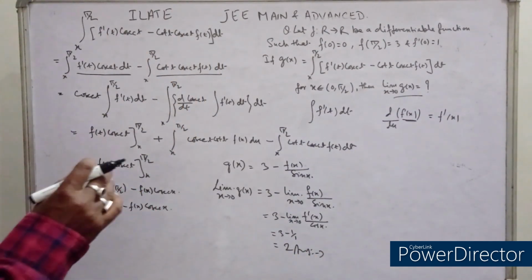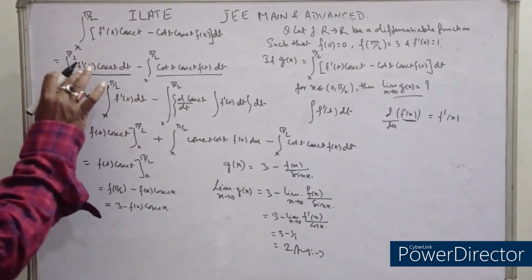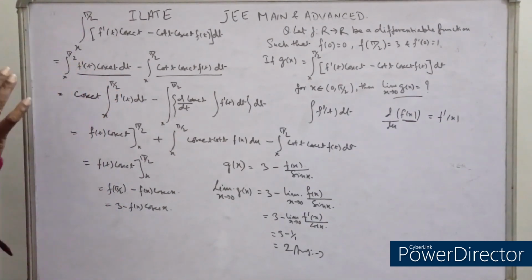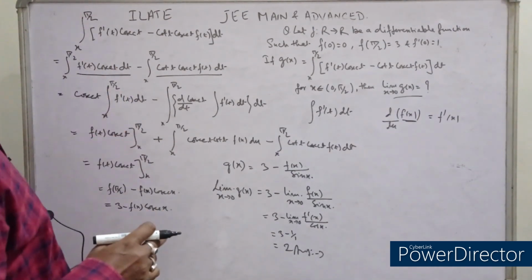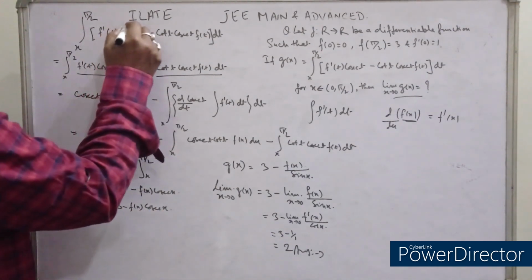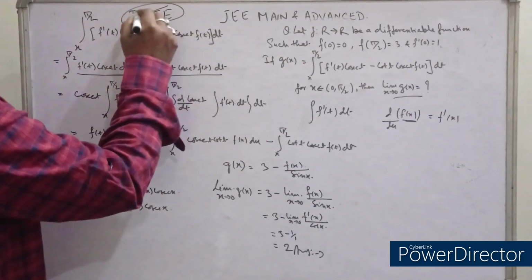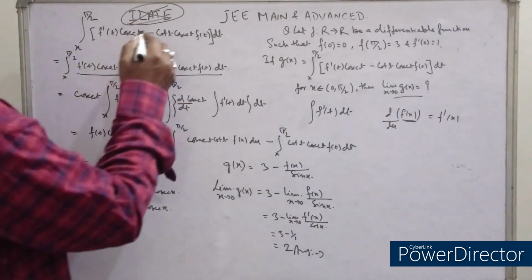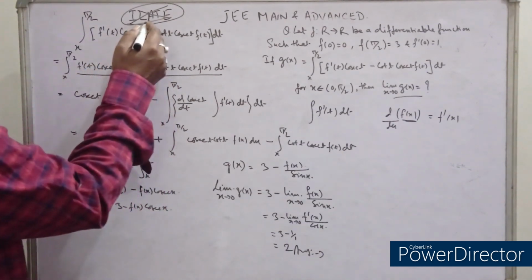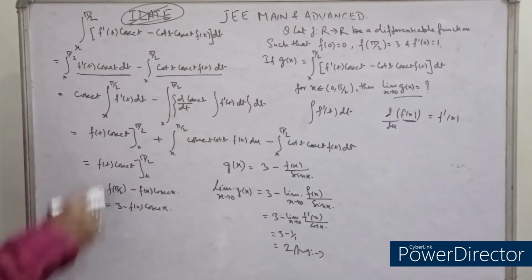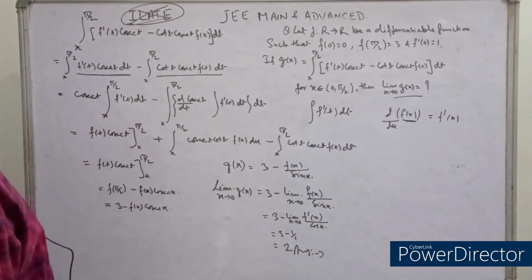So the main point here is that there are two functions and I have to apply integration by parts. Now if I follow the usual rule, I will be unable to solve it because I do not know about f dash x. Nothing is given about f dash t.